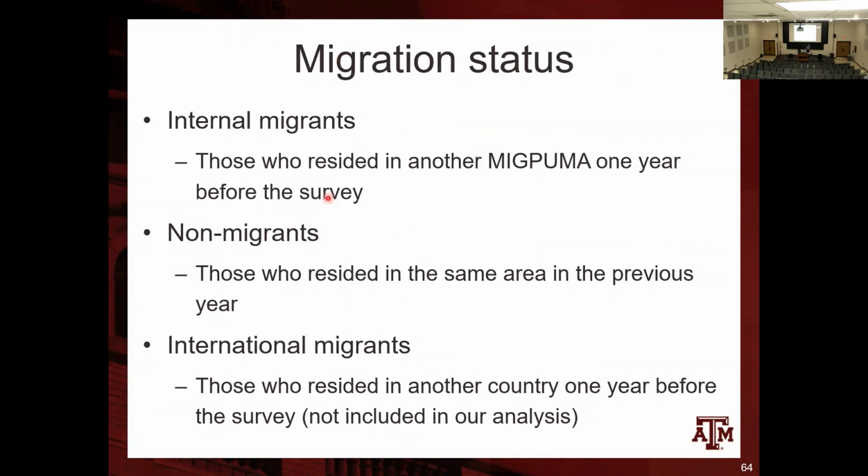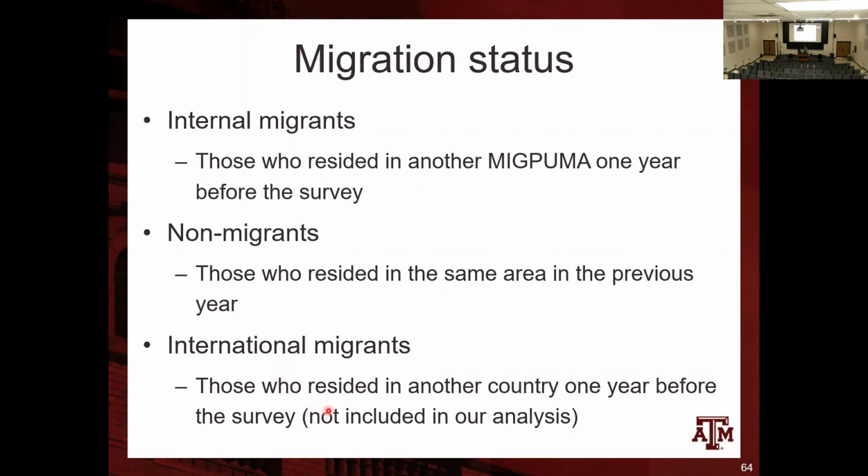How do I analyze these maps here that I'm going to show you? I call internal migrants those who reside in another MIG PUMA 1 year before compared to where they live now. So we know if they lived in one MIG PUMA 1 year ago, where they live now. If they live in a different area, internal migrants. Those that live in the same area, non-migrants.